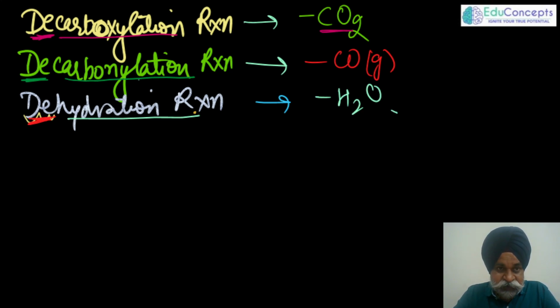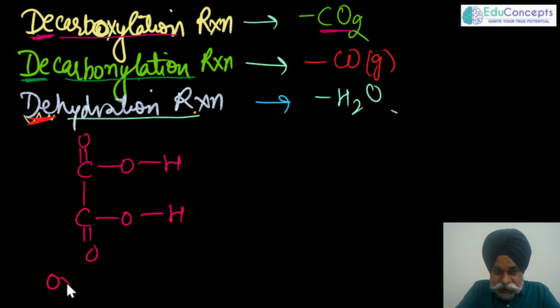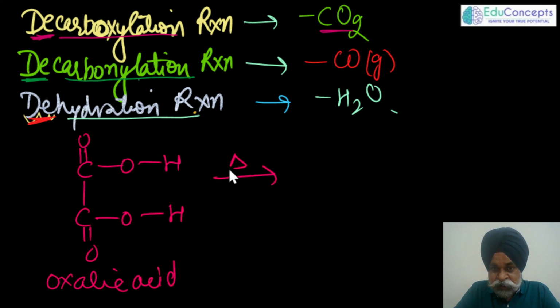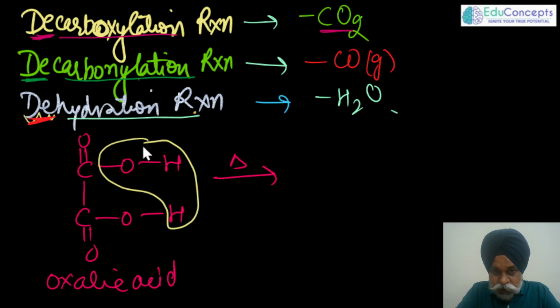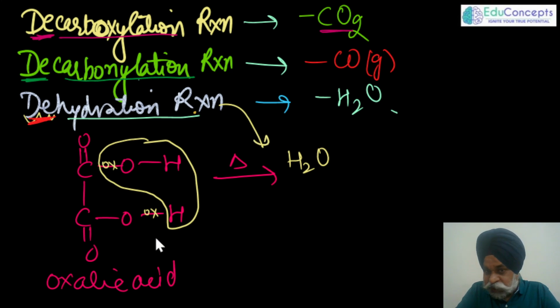To exemplify what I have just said, let me take an example. If you have a molecule of oxalic acid, which you might have read earlier, and it is strongly heated, this goes out as water, and this H positive goes out. So here you lost a water molecule, so this reaction involved dehydration.